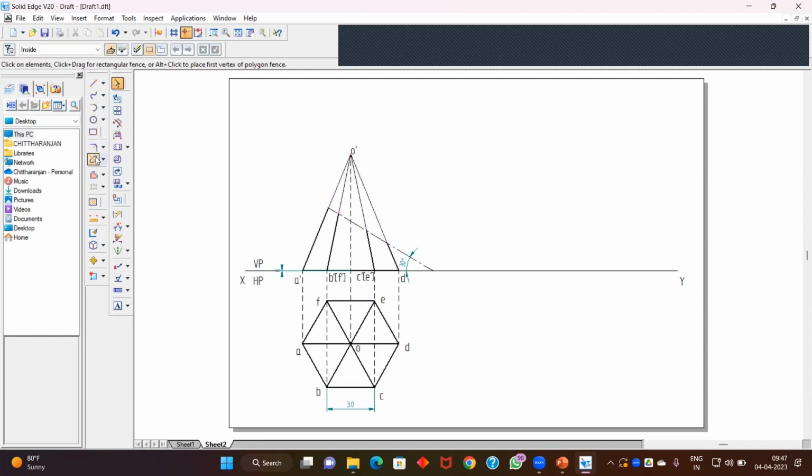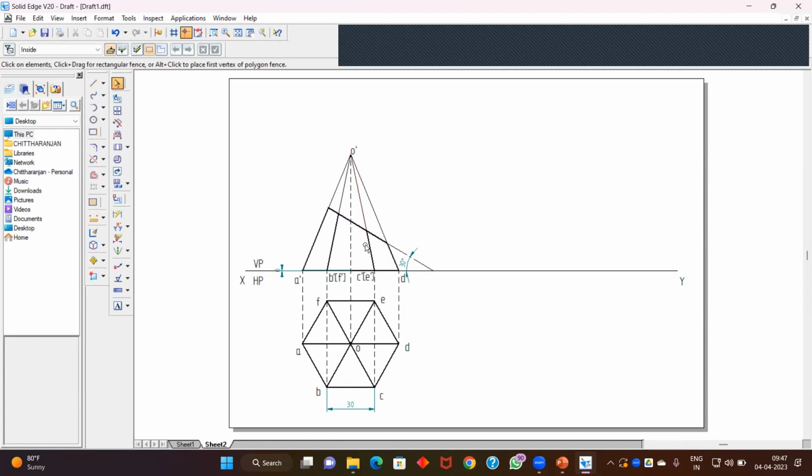Now again split this line at here, make that a continuous line with the thickness 0.50. So this is the cut portion.